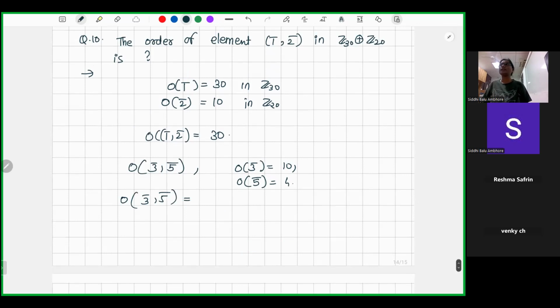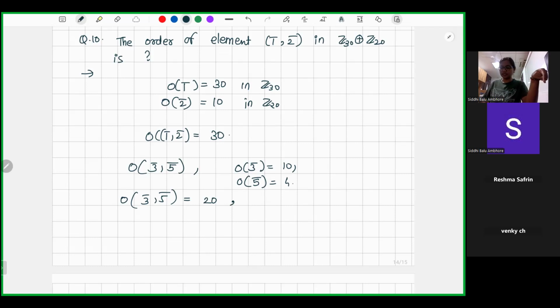It will be 20, right? Because we are taking the LCM here. And the LCM in this case is 20.